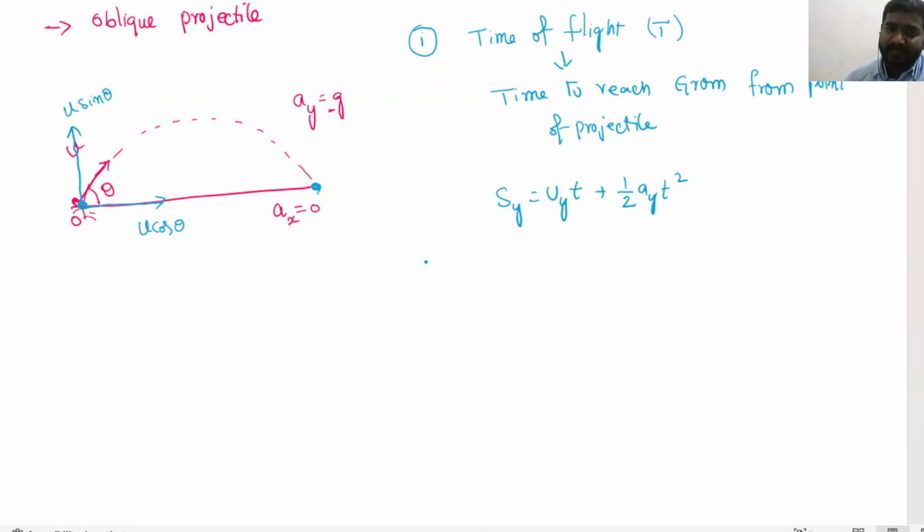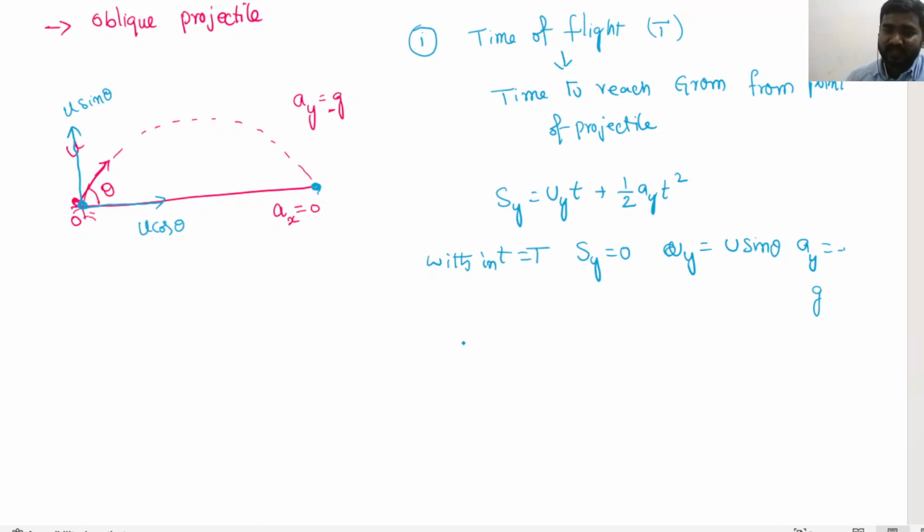So within time t equal to capital T, Sy equal to 0. uy you can take as u sin theta, and ay you can take as minus g. So ay is minus g.